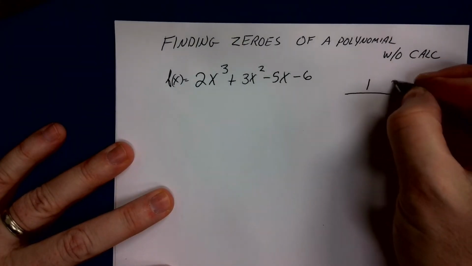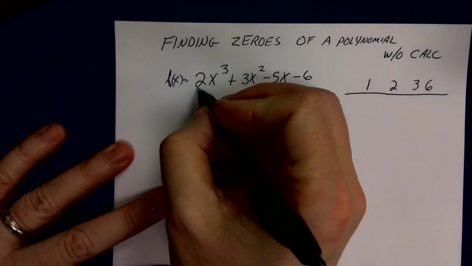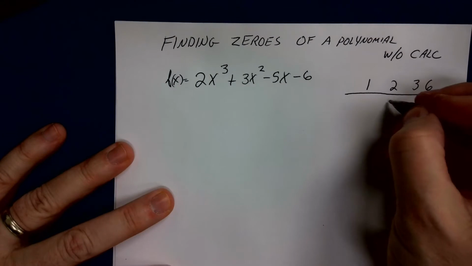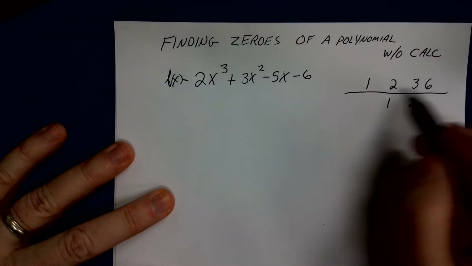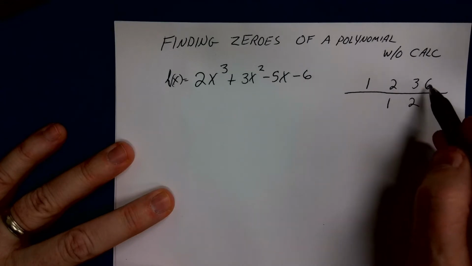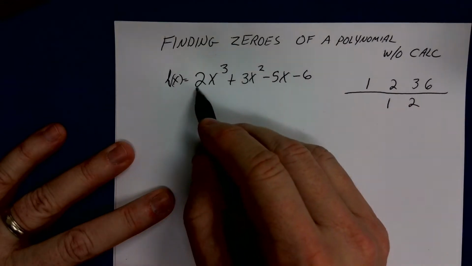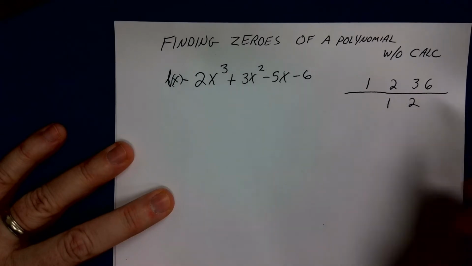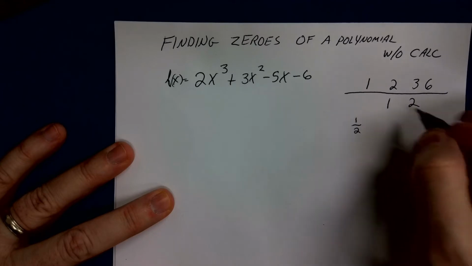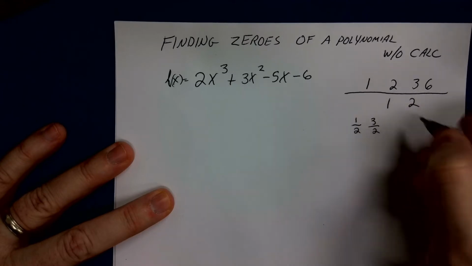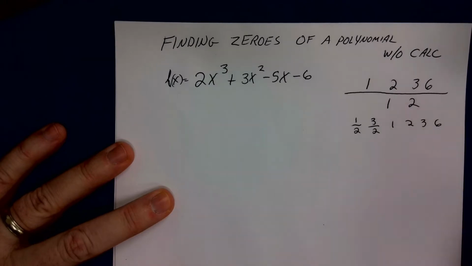So that gives me 1, 2, 3, and 6. And all the factors of this number right here, this 2, have to go in the denominator spot. So it's any combination of the factors of the constant in the numerator and the factors of the leading coefficient that goes in the denominator, which gives me 1/2, 3/2, and then 1, 2, 3, and 6.